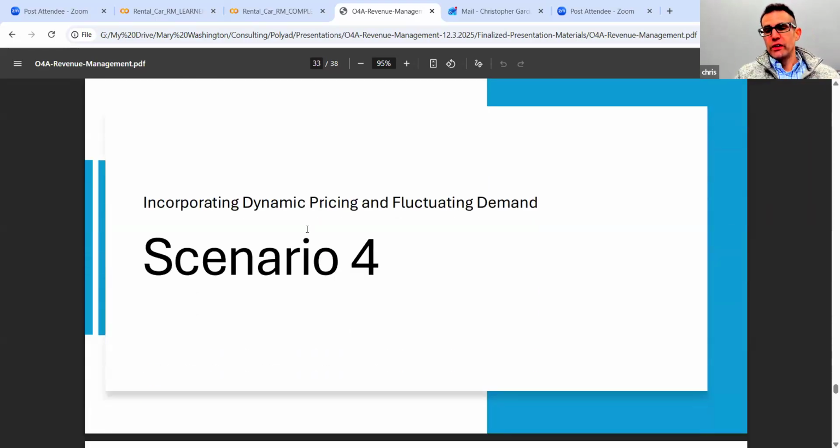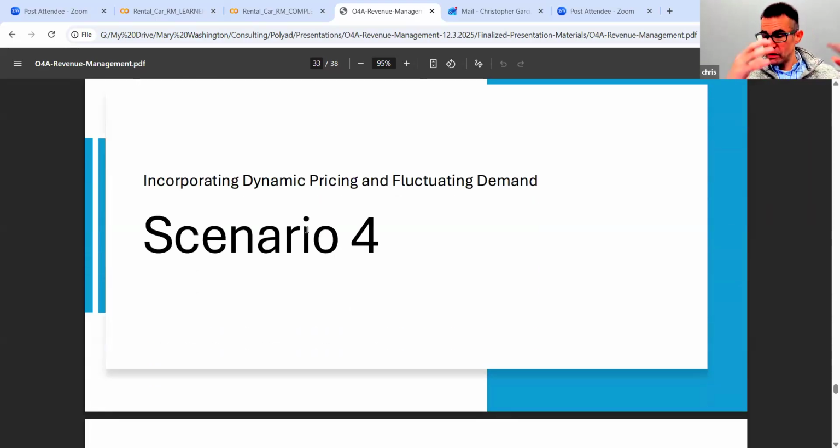scenario. If we look at what we've done so far, everything we've done has really been focused on a static situation, right? I give you a fixed demand forecast. I give you fixed pricing, and your goal is just to figure out how to optimize against that. And that doesn't reflect reality at all. In practice, demand is constantly fluctuating.